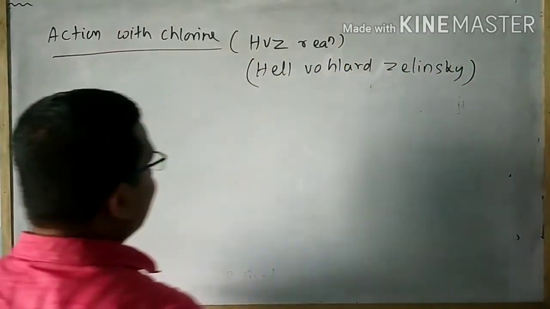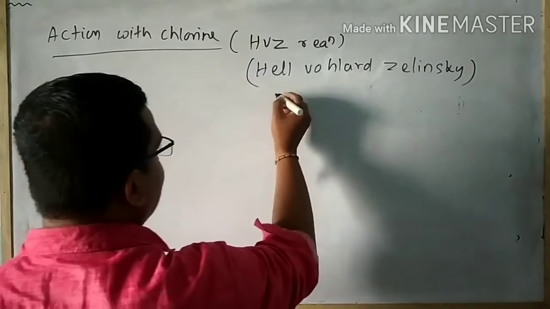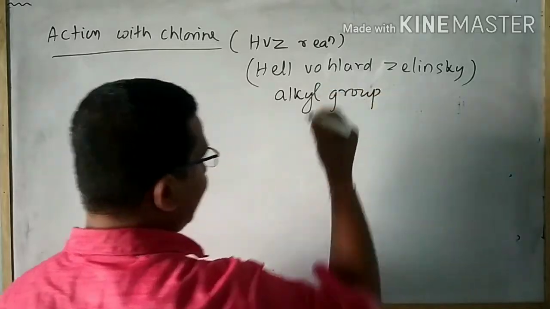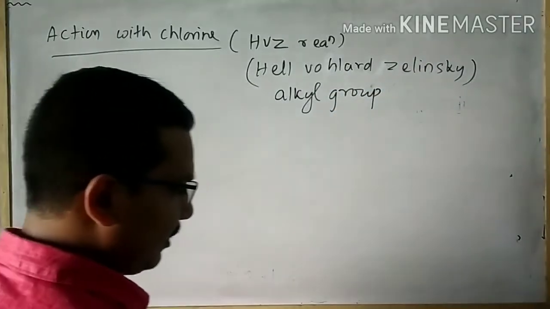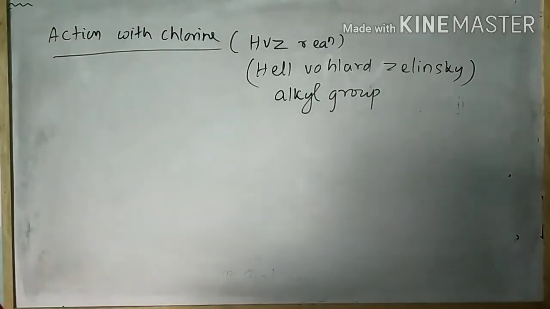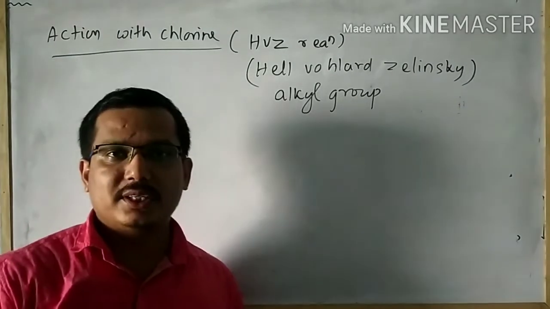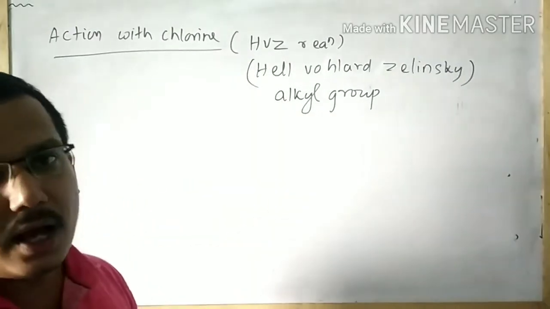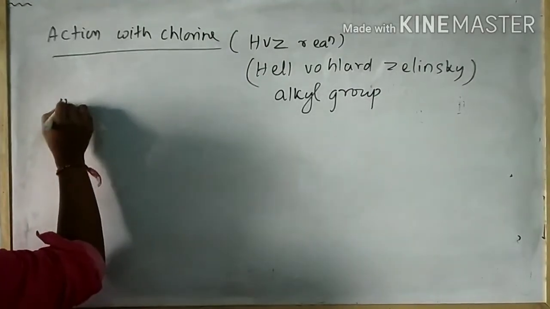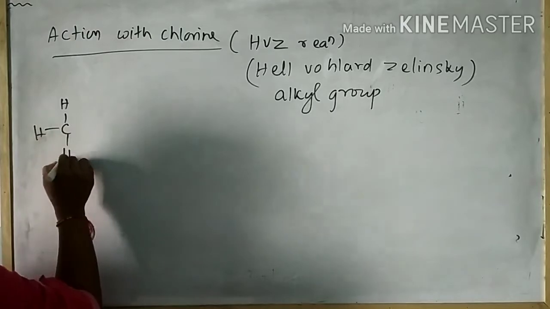This reaction generally takes place due to the alkyl group present in the carboxylic acid. This type of reaction generally takes place in the carboxylic acid which contains alpha hydrogen. Suppose take carboxylic acid which contains alpha hydrogen.